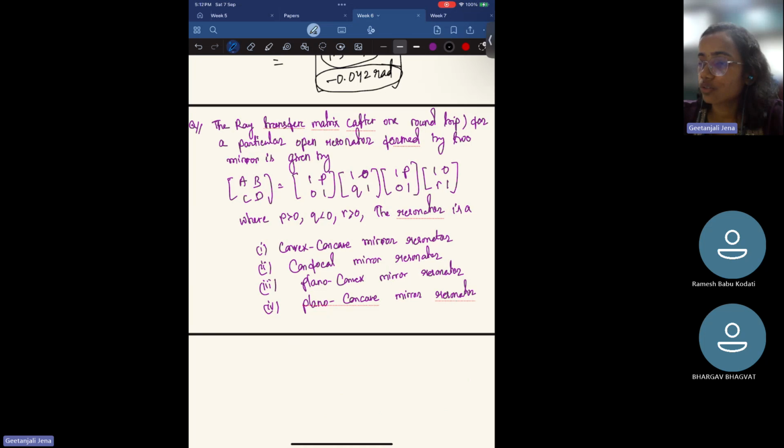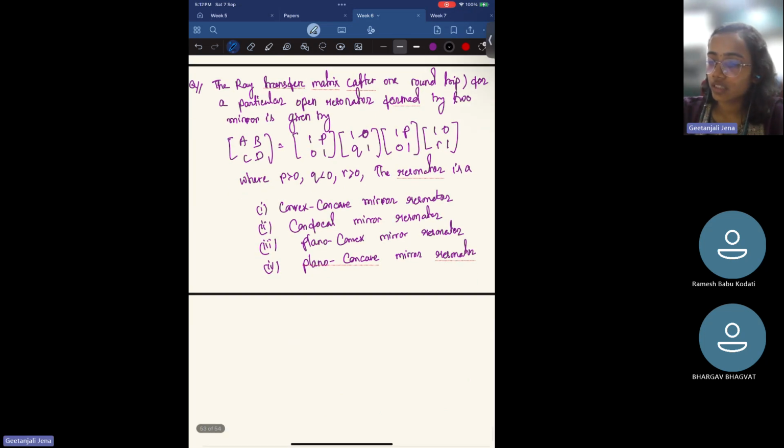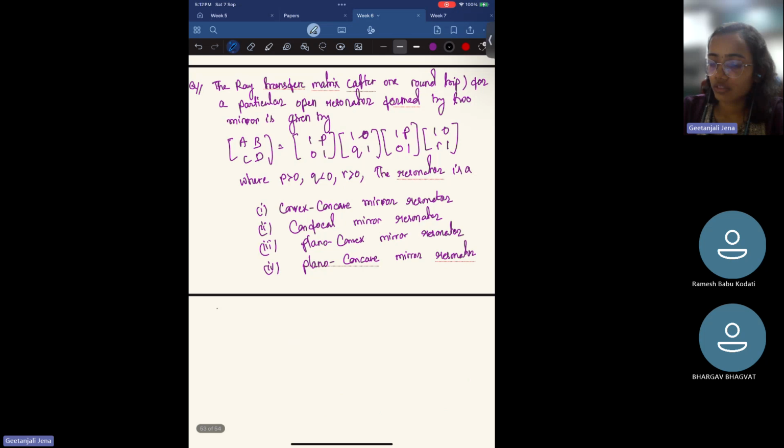So let me read out the question for you. The ray transfer matrix after one round trip for a particular open resonator formed by two mirrors is given by ABCD equal to 1 P 0 1, 1 0 Q 1, 1 P 0 1, 1 0 R 1. Let me write down the ray transfer matrix here.